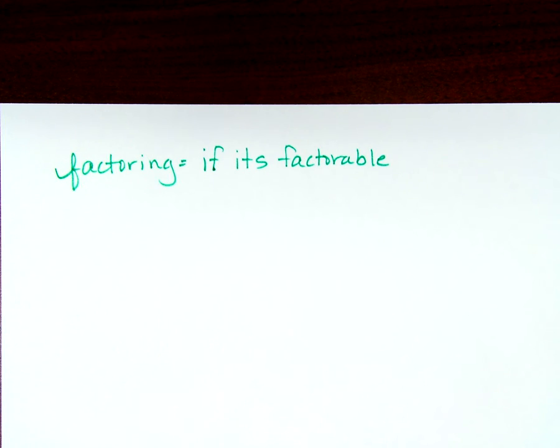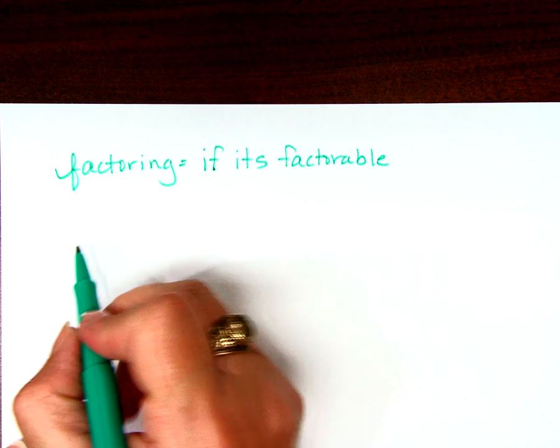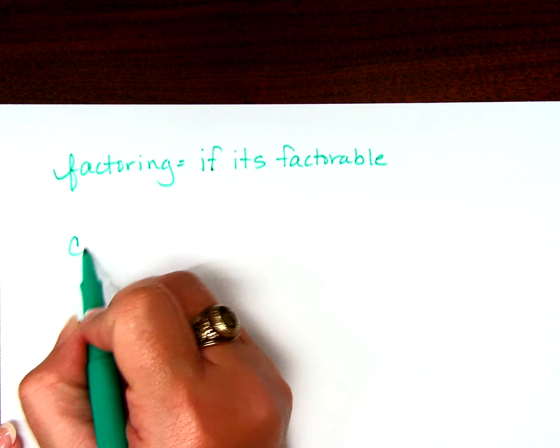So if it's an easy to factor trinomial, if we see AC right away, if it's a binomial that's the difference of squares or the difference of cubes or the sum of cubes, we definitely want to use factoring, right?